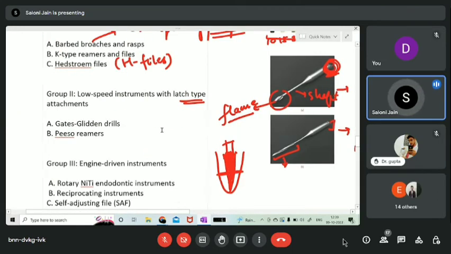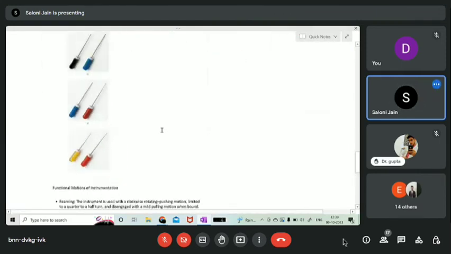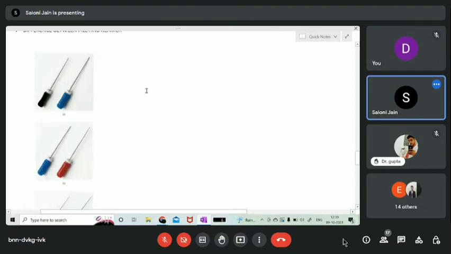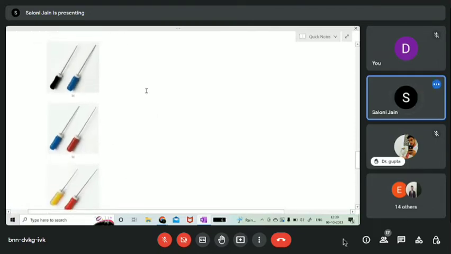Coming to the K type files, reamers, and the H files. Firstly, talking about the basic difference between files and reamers.